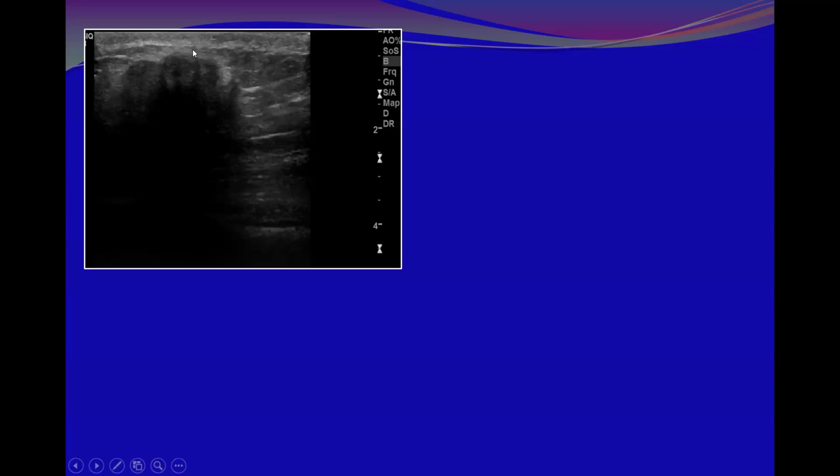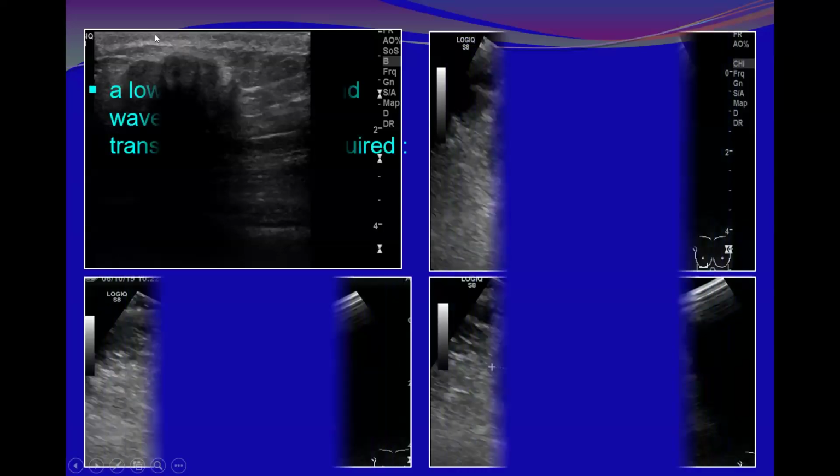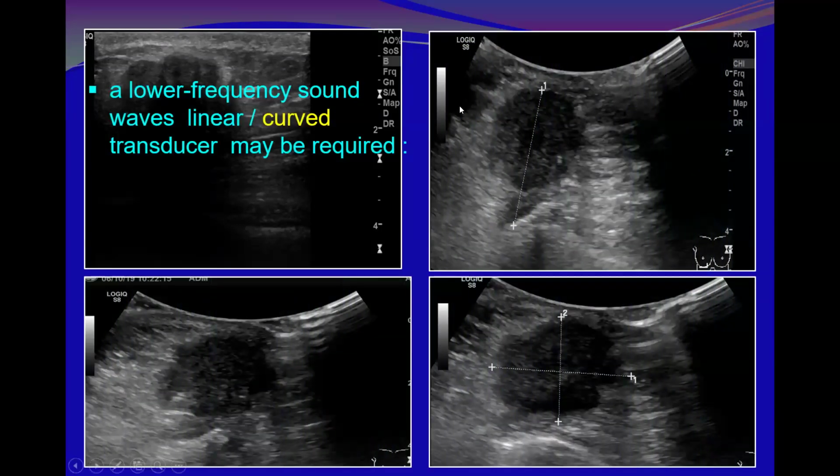Only from this can I see that this is a suspicious mass, not because of posterior shadowing, but because of the surrounding echogenic rim and the overlying skin thickening. And here again, when I used the curved transducer, I could visualize throughout and look at the mass orientation, non-parallel, the margin, the shape irregular, and all malignant features.